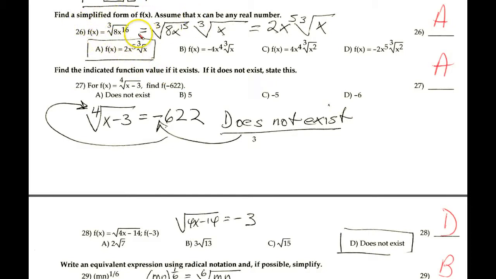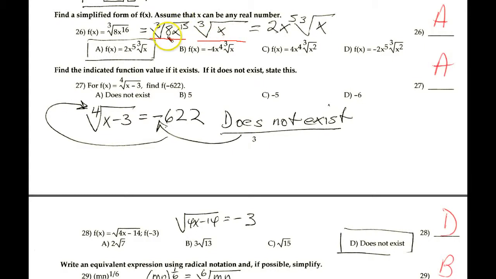simplify. Again, our technique is to use 2 radical signs, put factors of our original radicand that are perfect cubes. 8's a perfect cube, and of the x to the 16th, we get x to the 15th. That's a perfect cube. It's divisible by 3. And then whatever's left over, we put under another one.